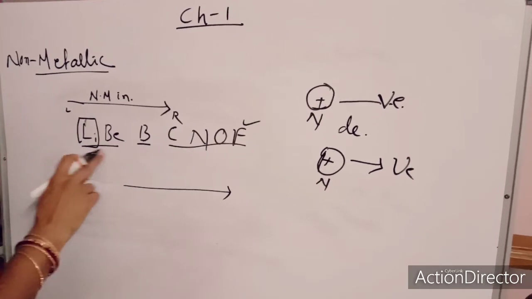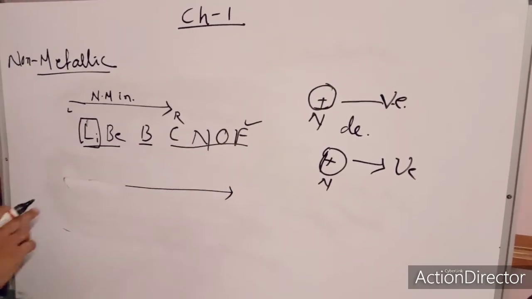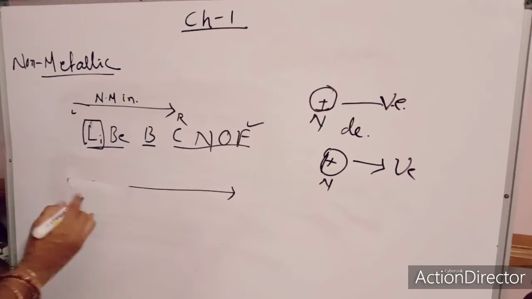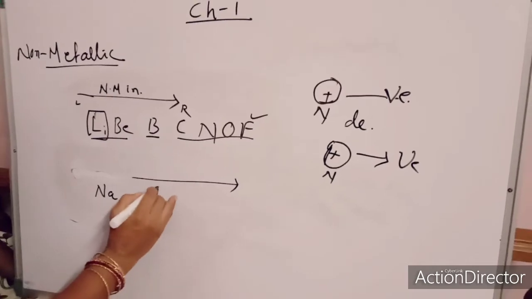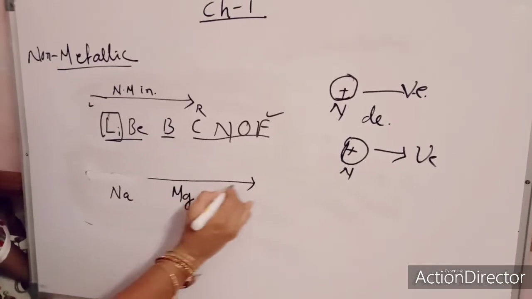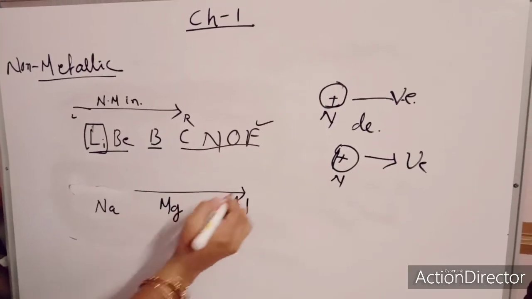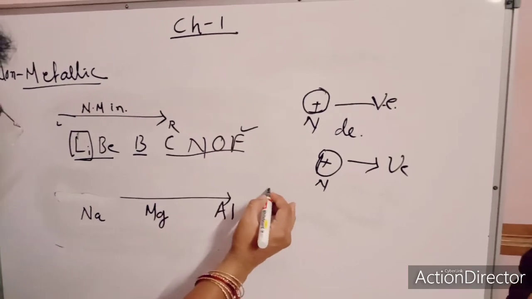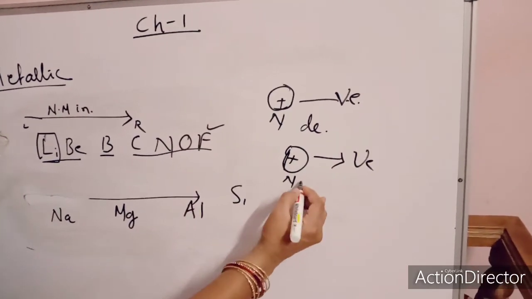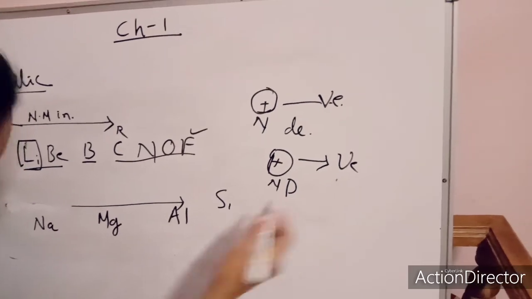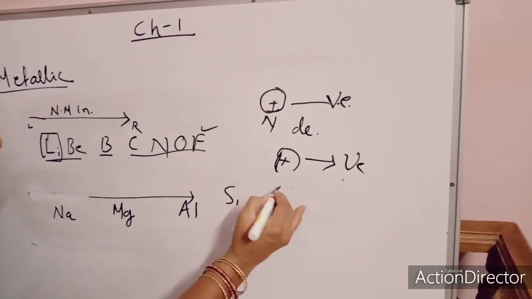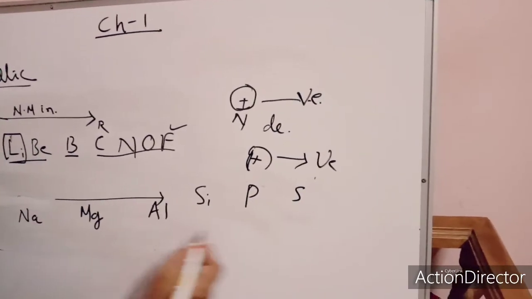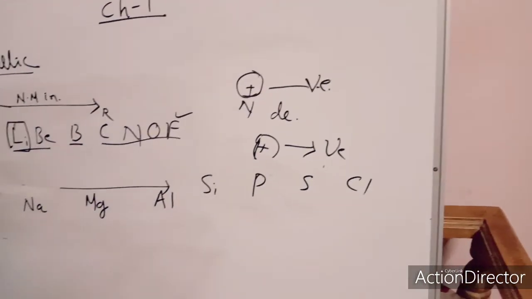Suppose I am discussing the third period elements: sodium, magnesium, aluminium, silicon, then phosphorus, sulfur, then chlorine. What are their oxides?